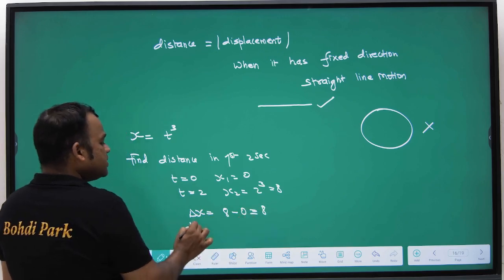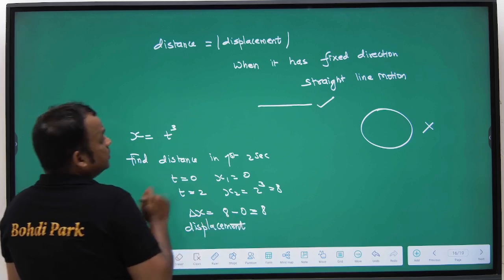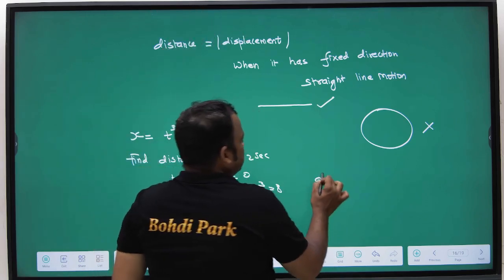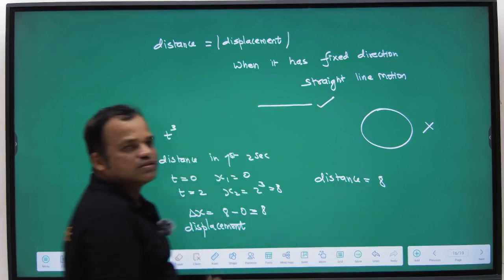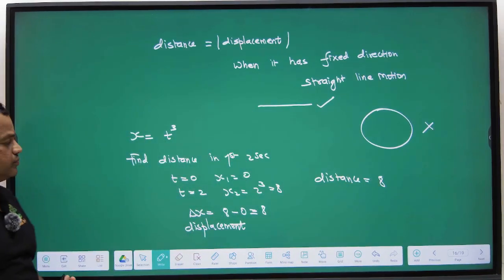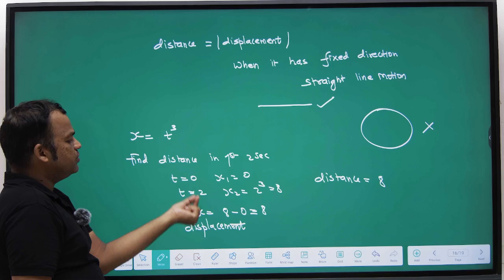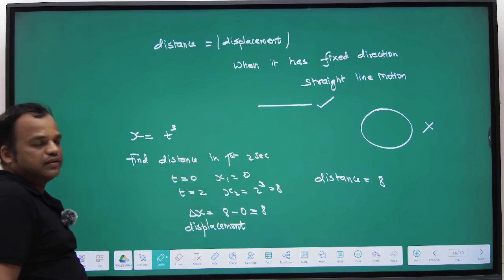So this is displacement, but distance is also the same. Distance is the magnitude of displacement. So distance is also 8 meter. In the first 2 seconds means 0 to 2. Displacement is 8. Distance is also 8.